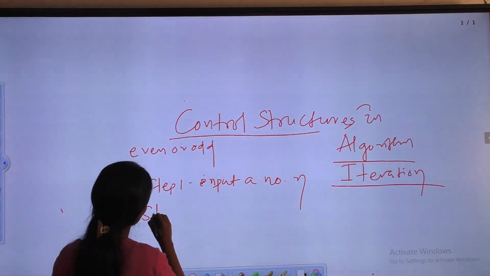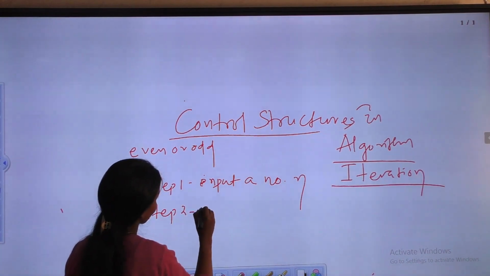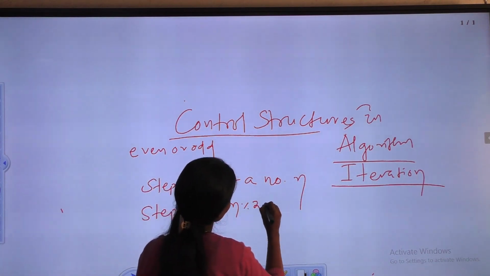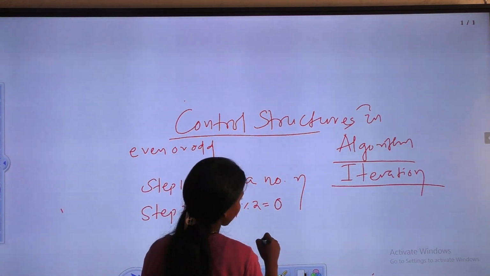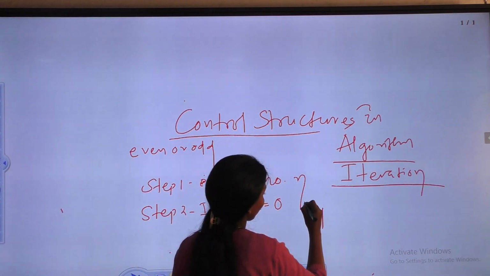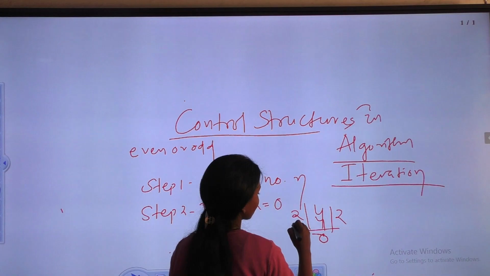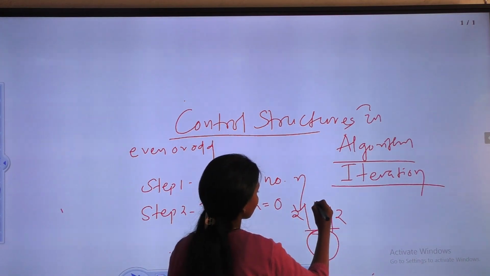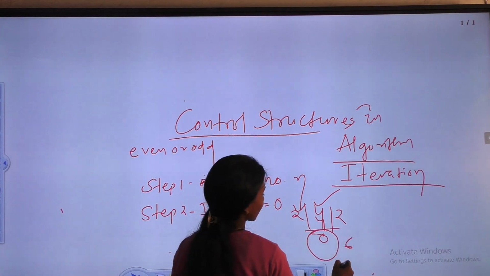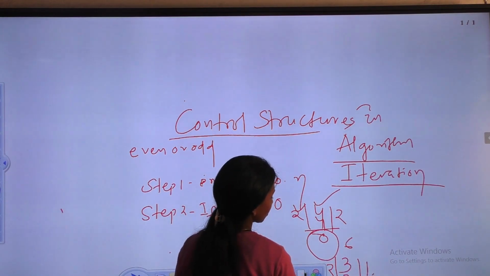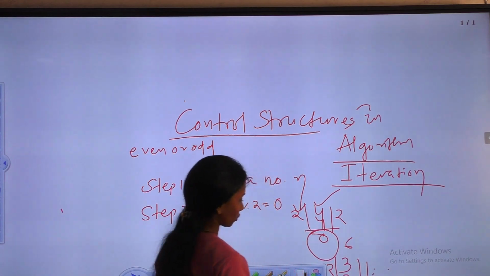Step 2: if n modulo 2 equal to 0, if the remainder is 0, like 4 divided by 2, then 2 twos are 4, the remainder is 0, which means 4 is an even number, and so is 6. But when I divide 3 by 2, the remainder is not 0, it is 1.